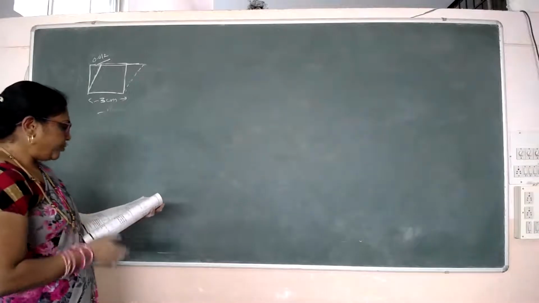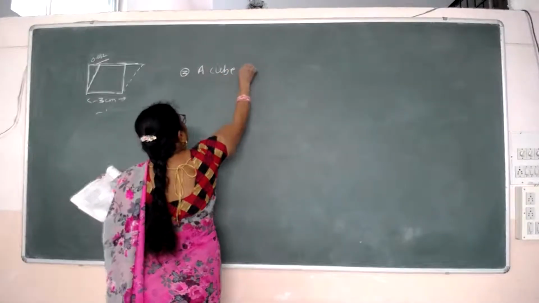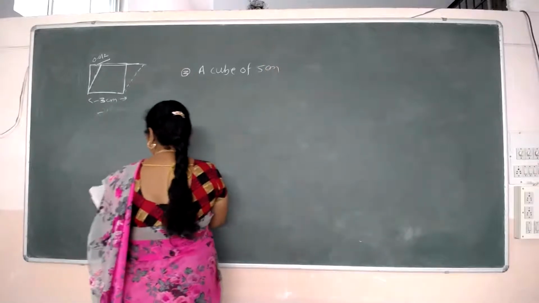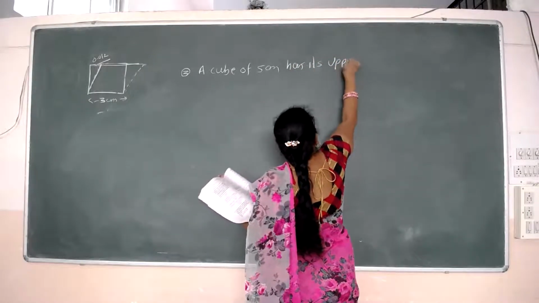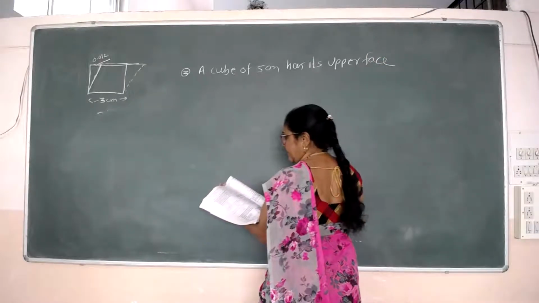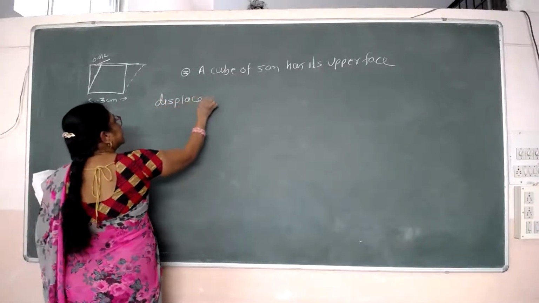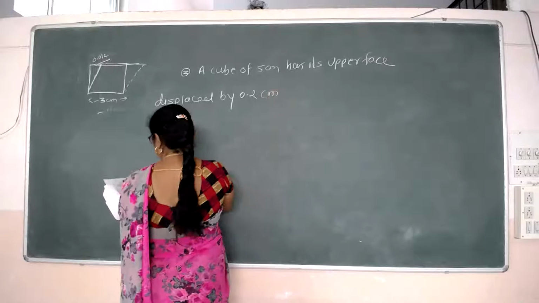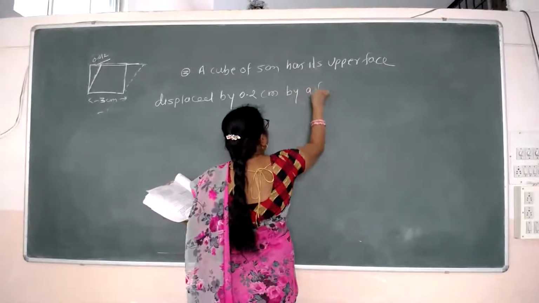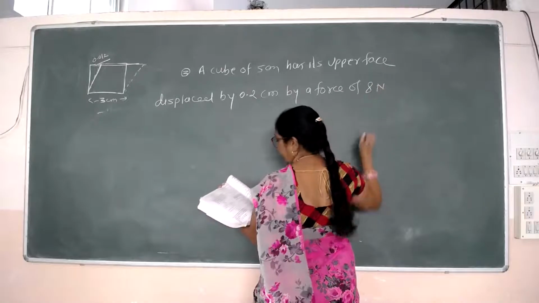See the next question. A cube of 5 centimeter has its upper face displaced by 0.2 centimeter by a force of 8 Newton.